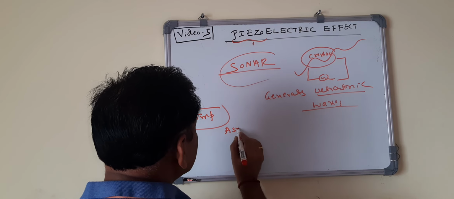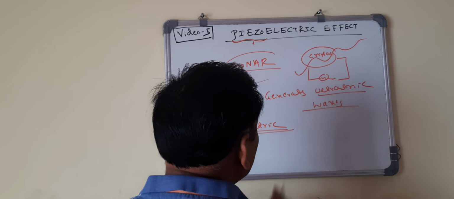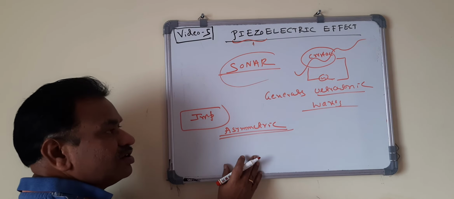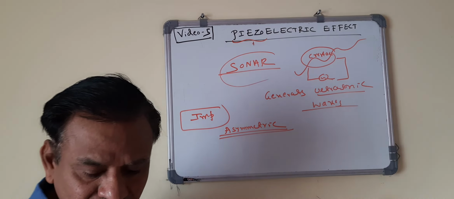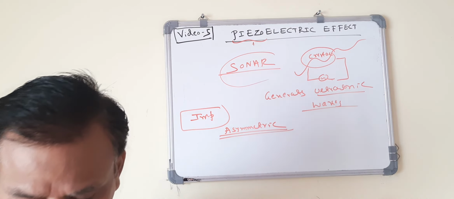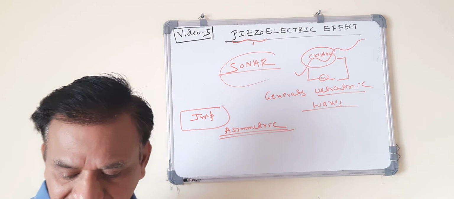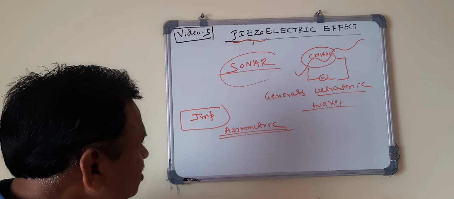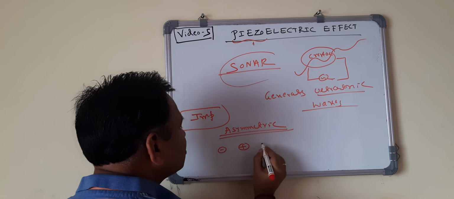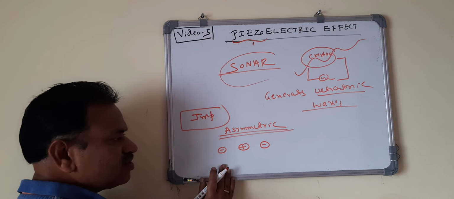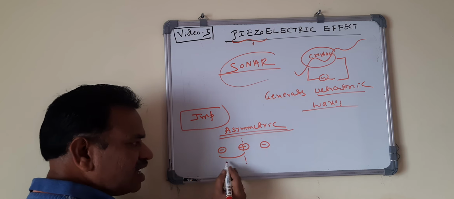Asymmetric material is the correct material to produce the piezoelectric effect. What is the condition for a crystal to exhibit the piezoelectric effect? It should be asymmetric. Suppose there is a positive charge here and a negative charge here. It is not asymmetric if, with respect to the positive charge, a negative charge is there on the other side at the same distance.